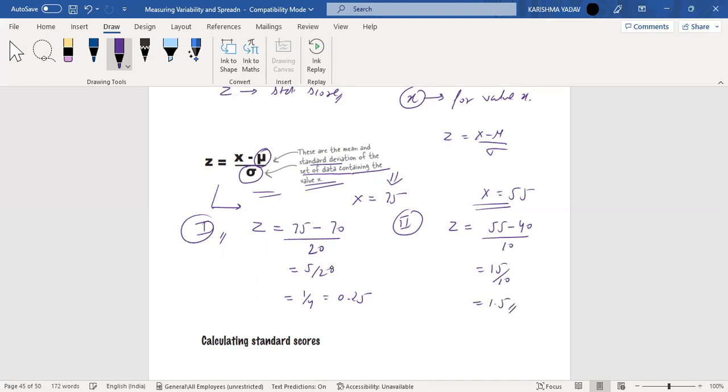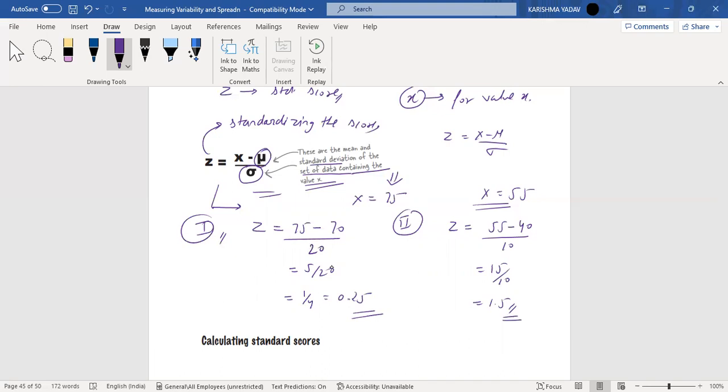So we use the mean and standard deviation to standardize the score. Here what we are doing is standardizing the score. Player 1 gets 0.25 and player 2 gets 1.5.